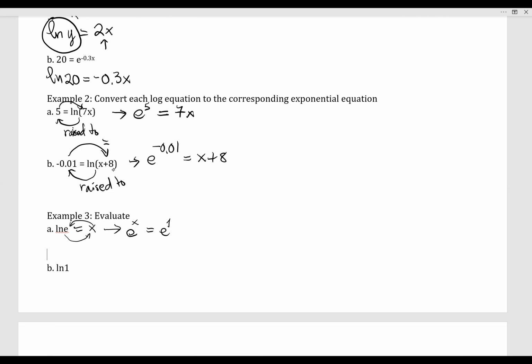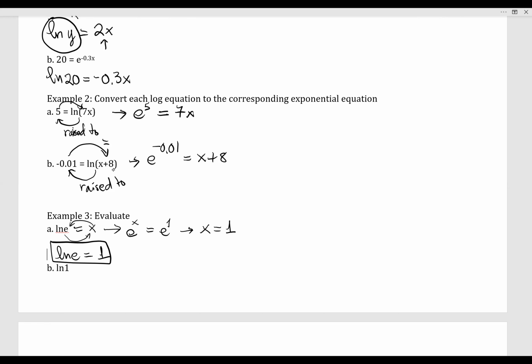So see, the bases are the same. Now you can just let the exponents equal each other. I have x equal to 1. So the value of ln e is equal to 1, and that is one of the properties of the natural log that we will need to use for this section later.